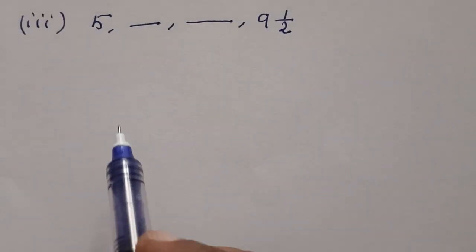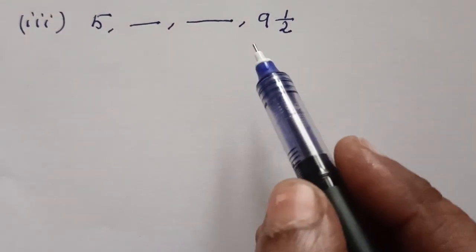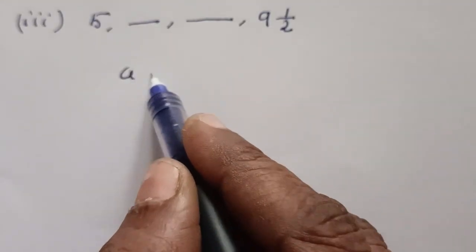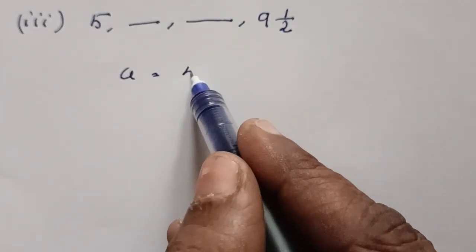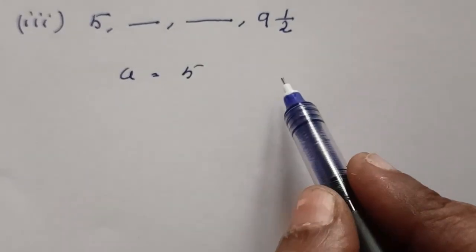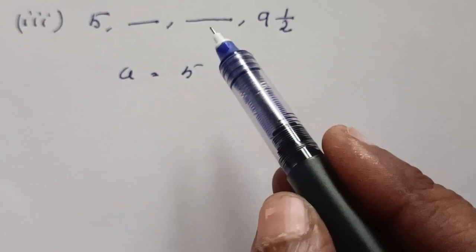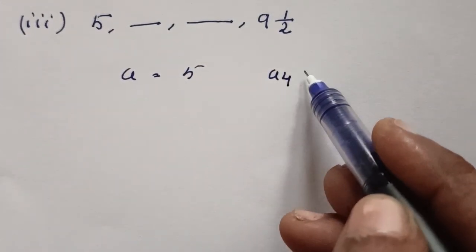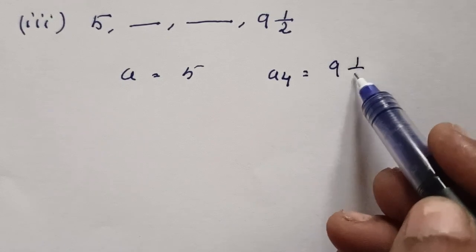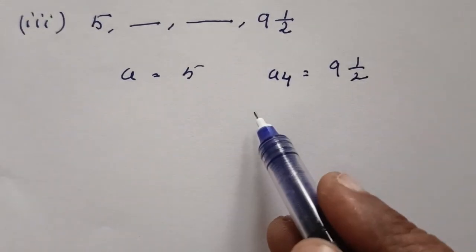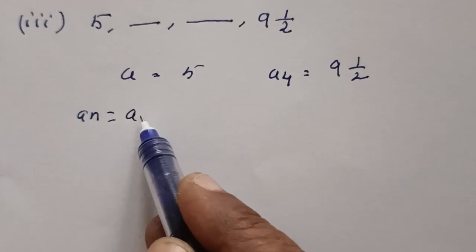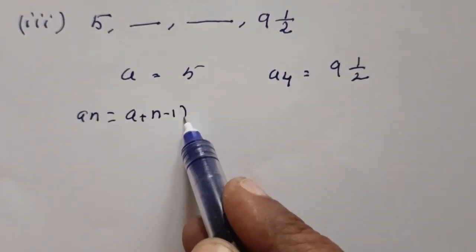Third question: 5, dash, dash, 9 1 by 2. So first term a equals 5. The second term is not given, third term also not given, fourth term a4 equals 9 1 by 2. Write the formula: an equals a plus (n minus 1) into d.